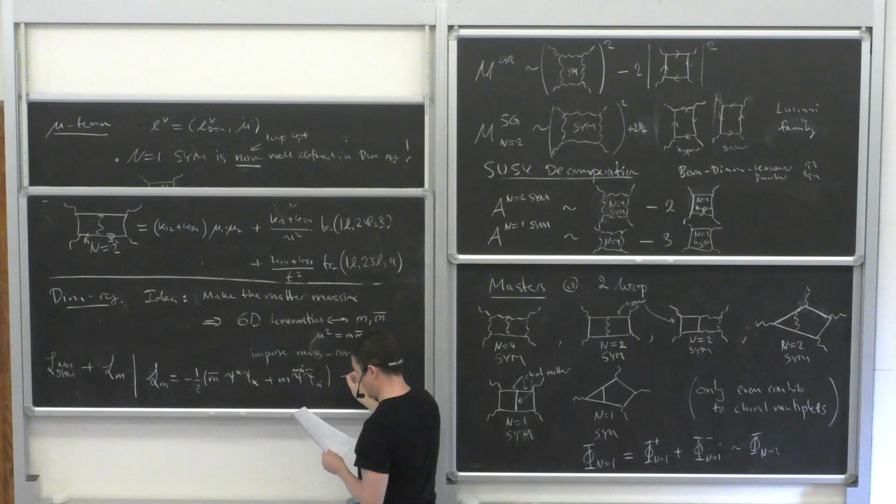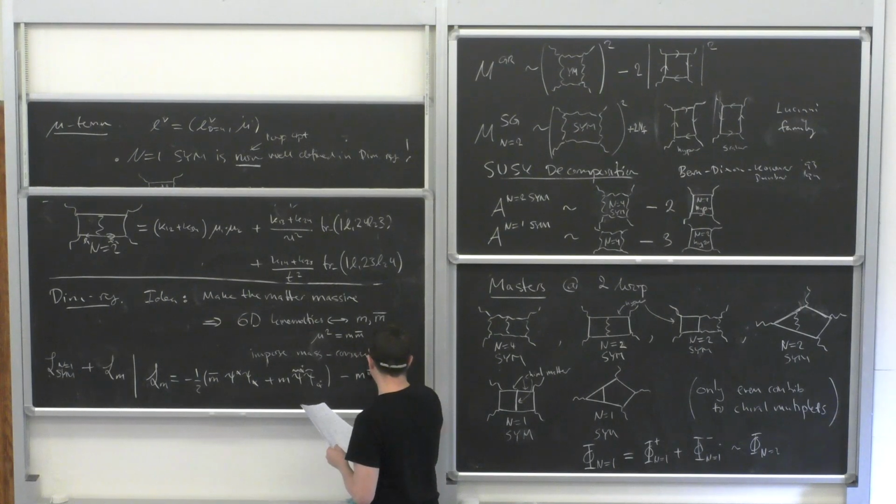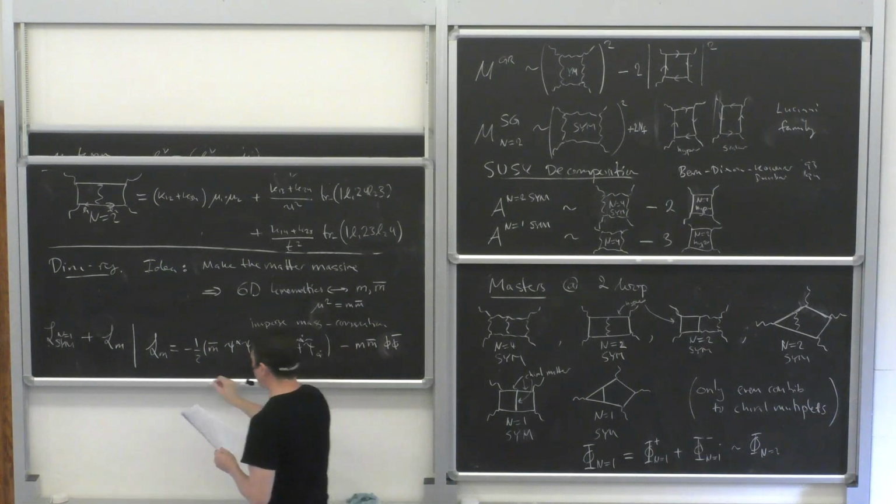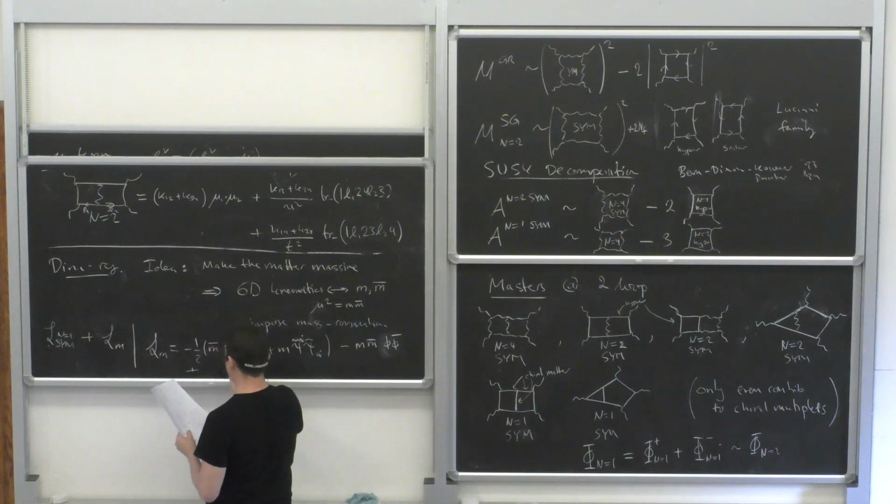Then for the scalar, we just have m bar, phi bar. Sorry, maybe I should use the capital one. And lastly, there's also a deformation to the interaction.